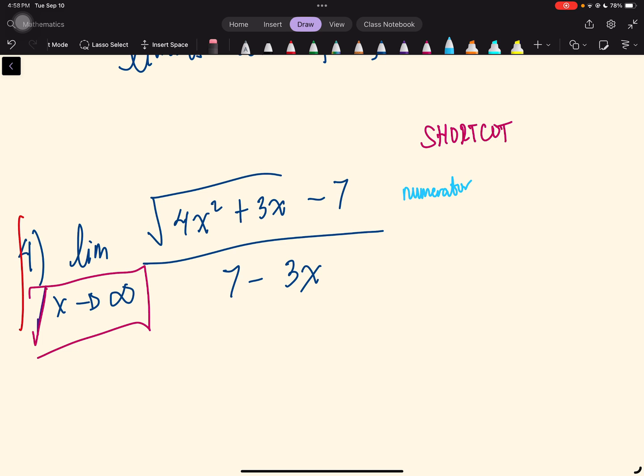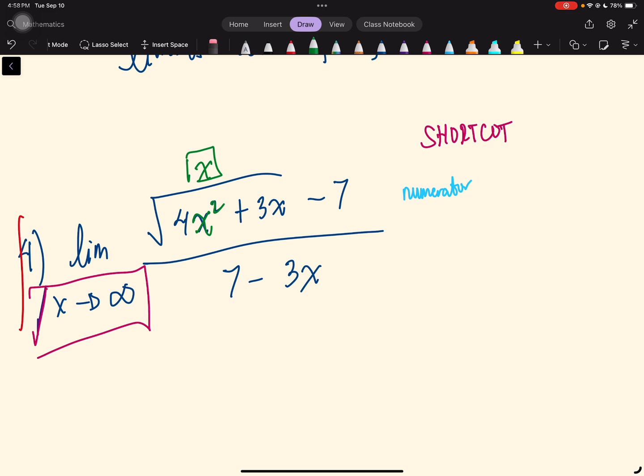Okay? It's not x square. Hindi siya x square. Why? Because you have to consider that we're taking the square root of it, 'di ba? So I could say x, 'di ba? Kasi we're taking the square root of x square, therefore it's x.